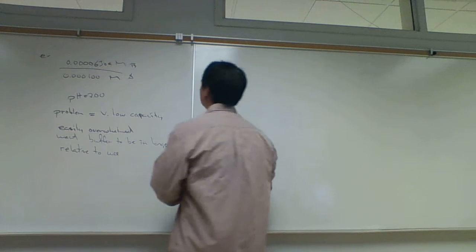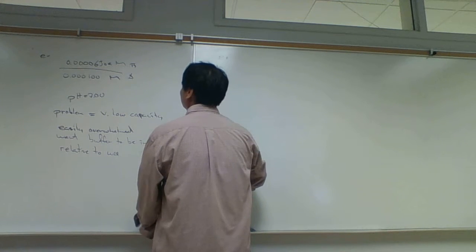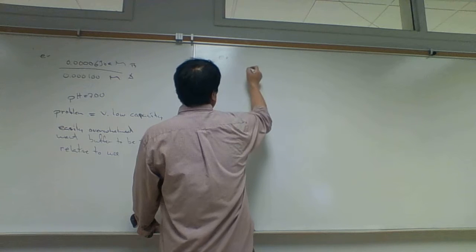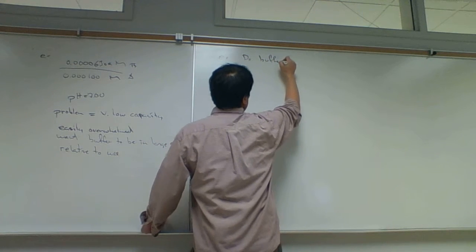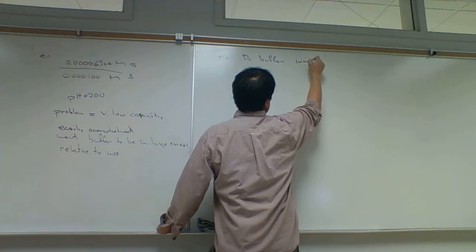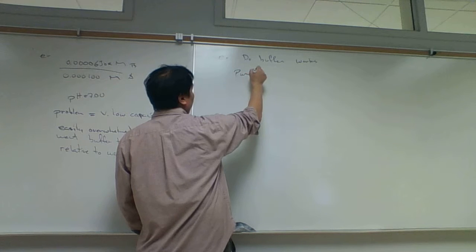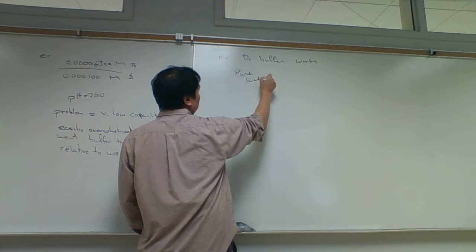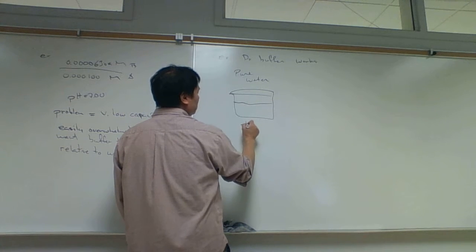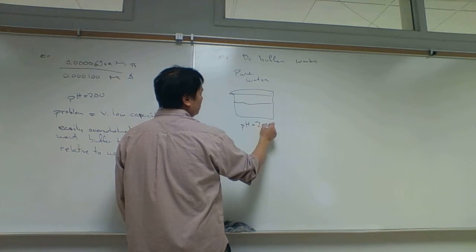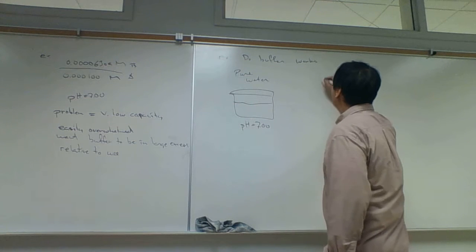So what we'll do is we'll just make this. We'll have pure water. Pure water should have a pH of 7.00 at 25 degrees C. And then we're going to make a buffer.